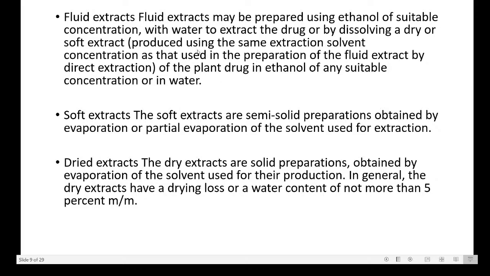This is a fluid extraction because during the extraction we have to focus on the polar solvent, non-polar solvent, and mid-polar solvent. If you want to collect fragrant or volatile material, you have to go with ethanol or hexane. Hexane is a non-polar material. Ethanol is a mid-polar material.